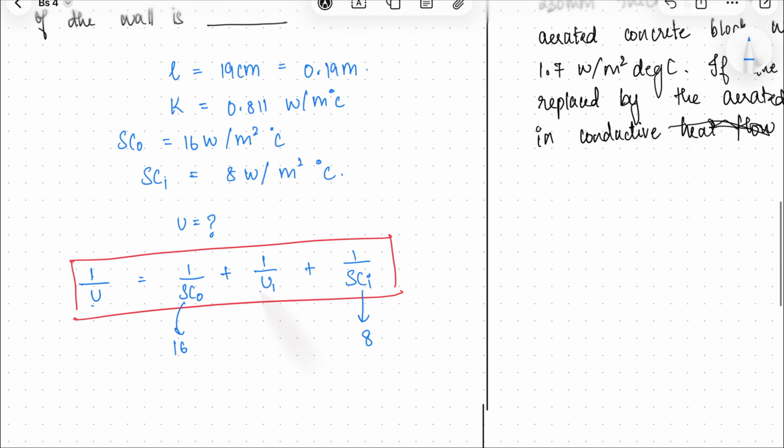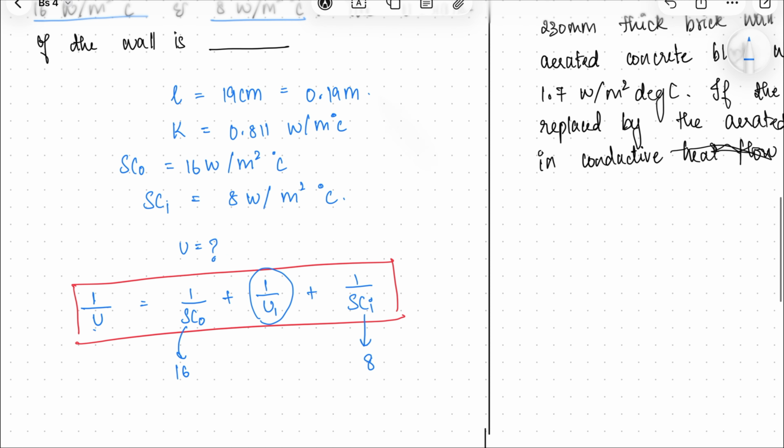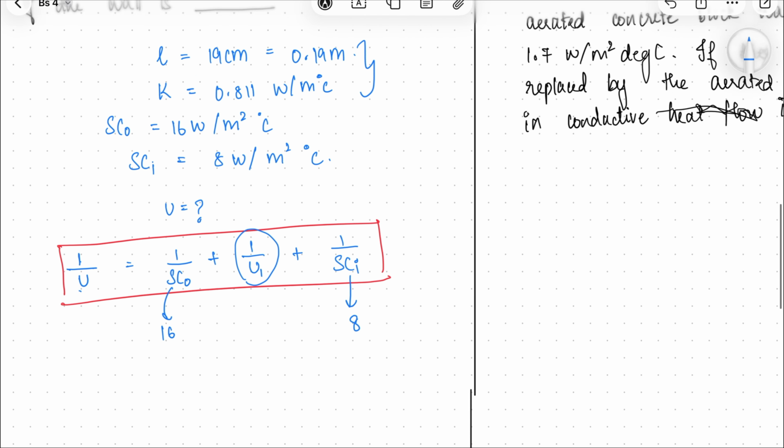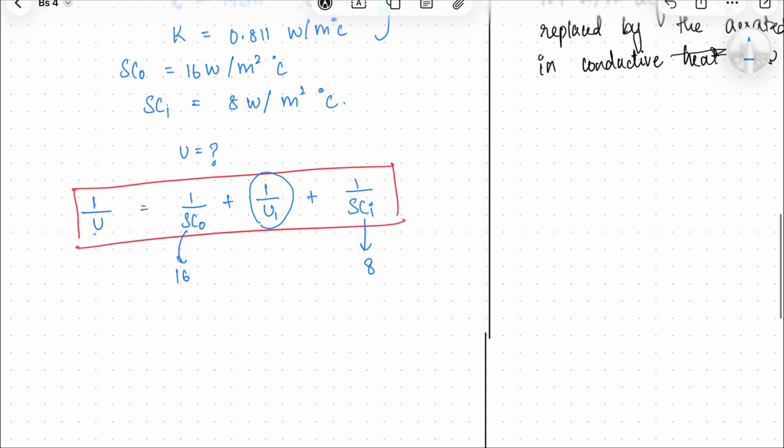And how would we find the 1 by U1 of the brick wall alone? That we can find using these two given equations. We know that U is equal to K by L. Therefore 1 by U would be L by K, which is nothing but 0.19 by 0.811.